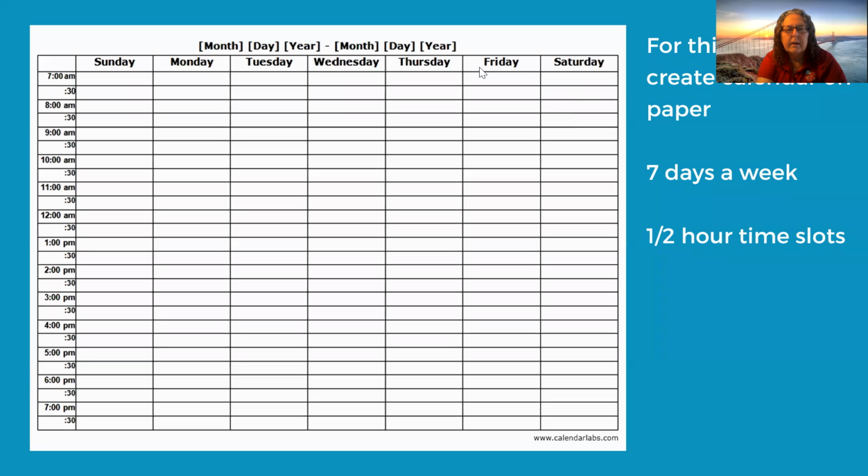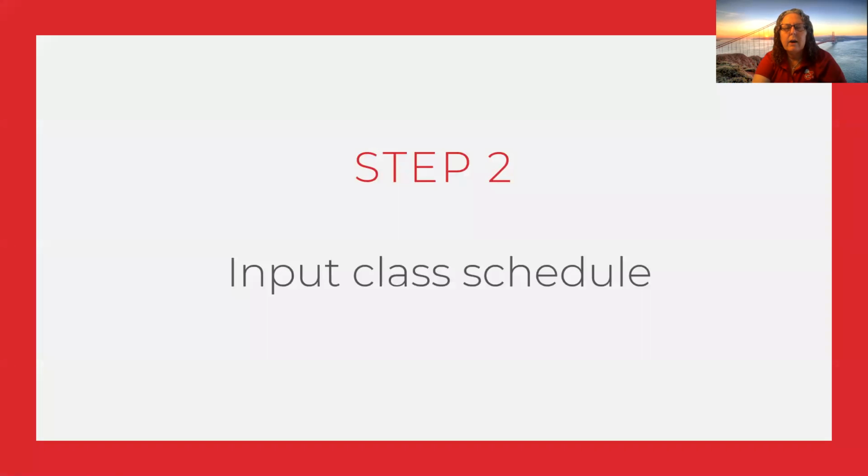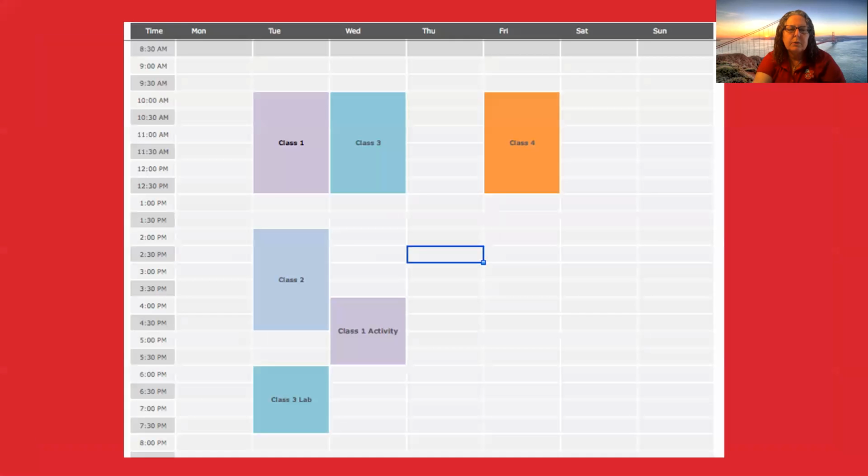Great. So the first step was figuring out how you're going to put everything together. Now step 2, what you need to do is input your classes. Some of your classes may be what we call synchronous, which means they're live Zoom lectures, or perhaps some of you are in some of the handful of on-campus classes we have.